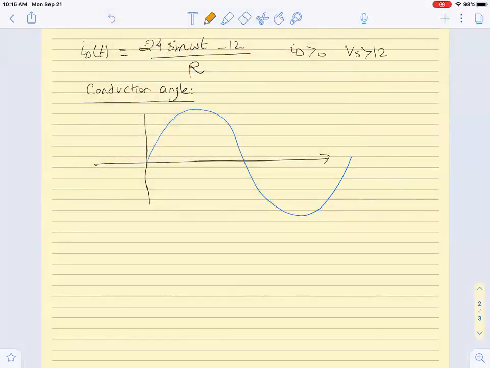We agreed that when the voltage crosses 12, this is 12, this is 24, and here is where the current is going to start. Our objective now is to determine the conduction angle.